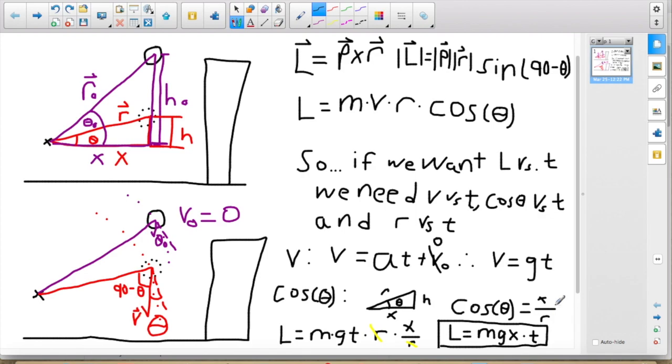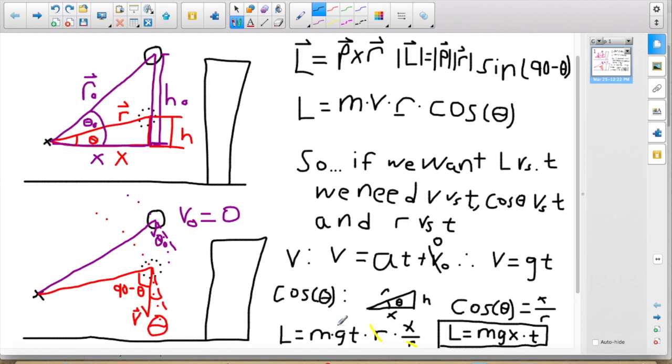So we could get an equation for r in terms of t to get this in terms of time, but if you stop and look for a moment, we've got an r in the numerator here, and then as a part of this cosine of theta, we've got an r in the denominator. So I'm actually going to stop there. I'm just going to leave it as an equation of cosine of theta in terms of x and r.